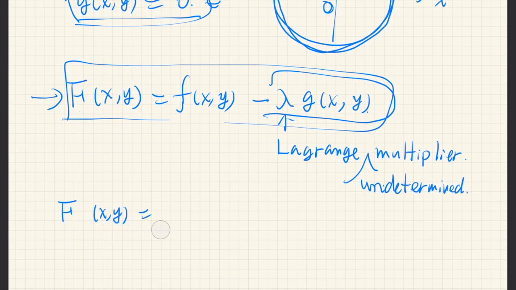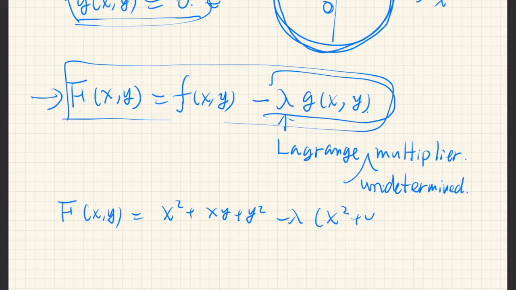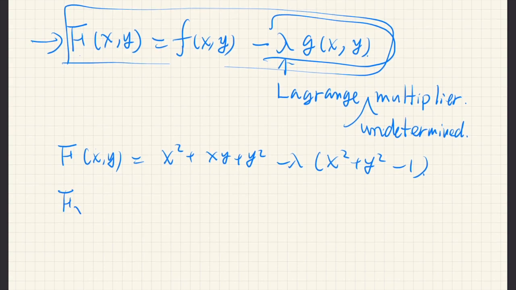So let's write the function F explicitly here. So that is x squared plus xy plus y squared minus lambda times (x squared plus y squared minus 1). And we differentiate it with respect to x.